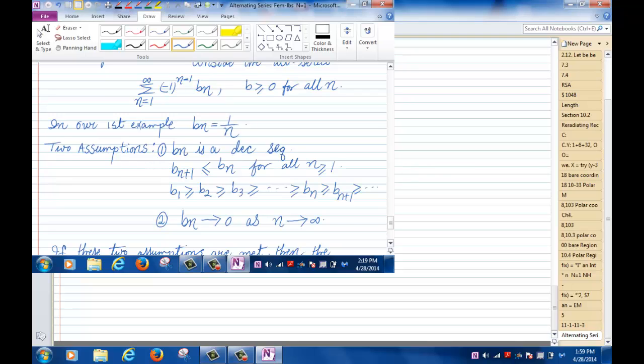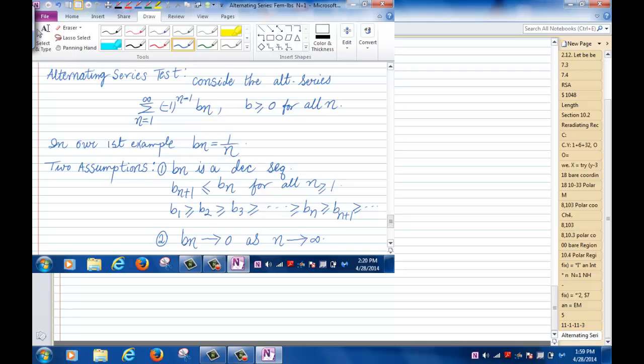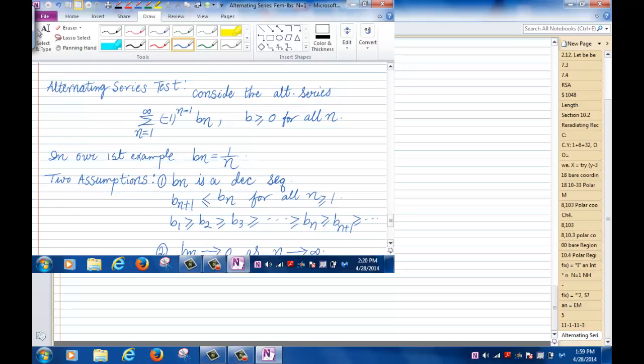Just like in the integral test. Remember in the integral test, I stated that the function f needs to be decreasing, but then I said it has to be decreasing after some point. Another condition is that the Bns are all positive.